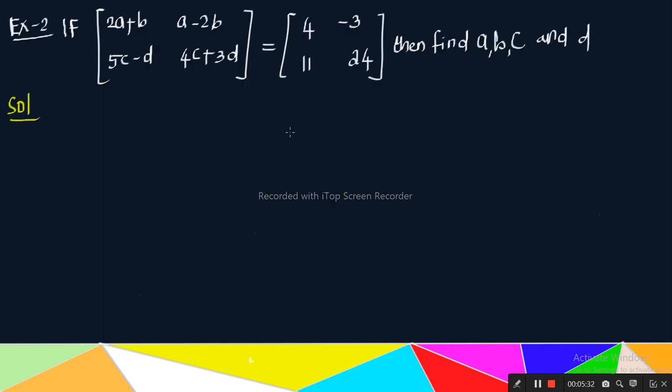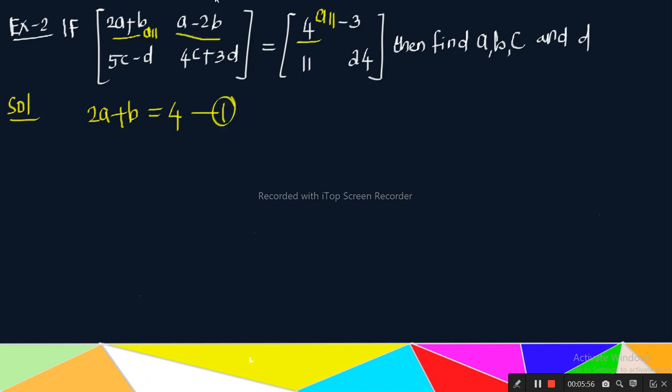This is the second example for equality of matrices. Here, let us notice that in place of a11, 2a plus b is there, and it is equal to 4, which is in place of a11. So 2a plus b is equal to 4. Let this be equation number 1.